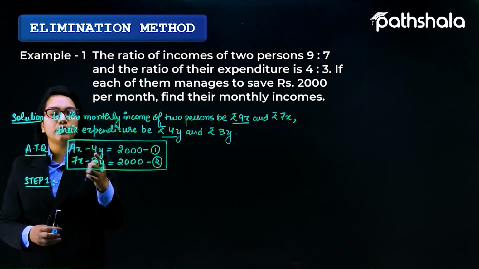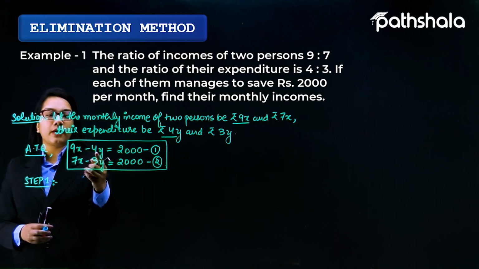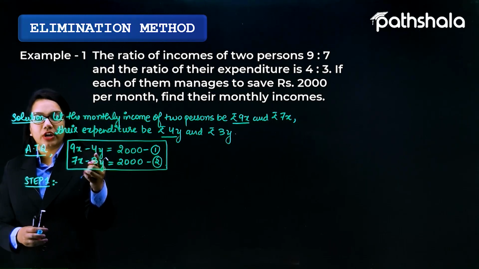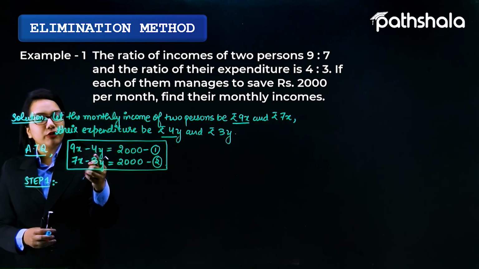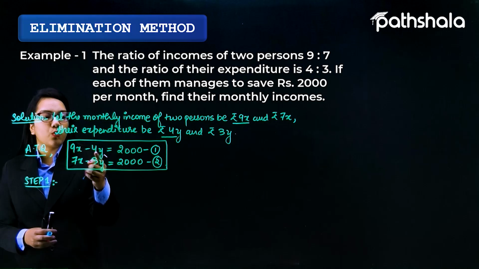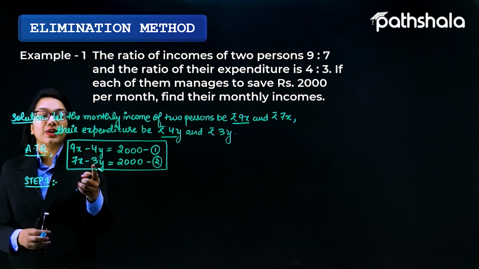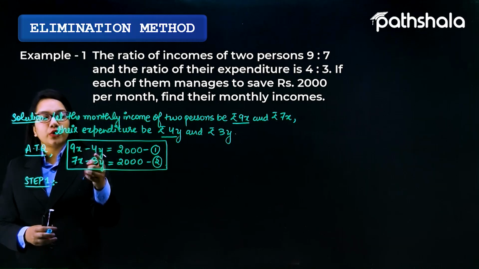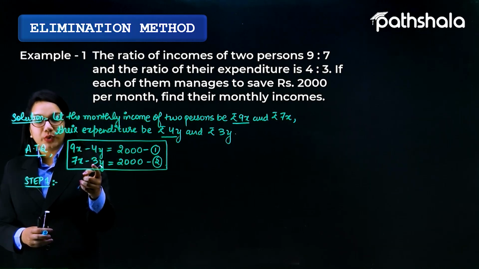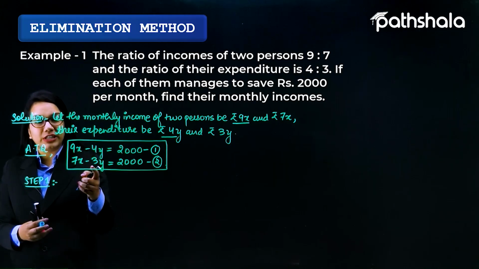Both of these values are quite smaller than 9 and 7, so I am using the variable y. I am making both of these coefficients similar by multiplying equation number 1 by 3 and equation number 2 by 4. I just want to make both of these equal to each other.